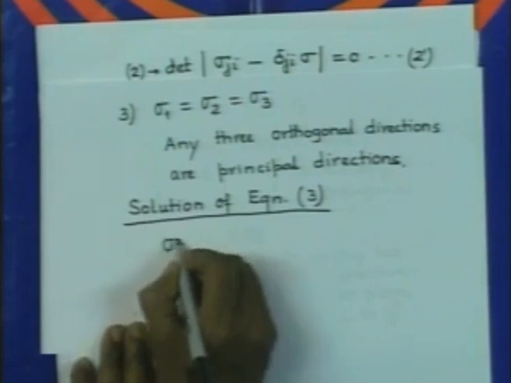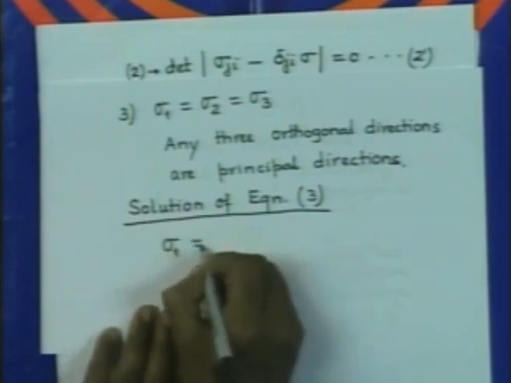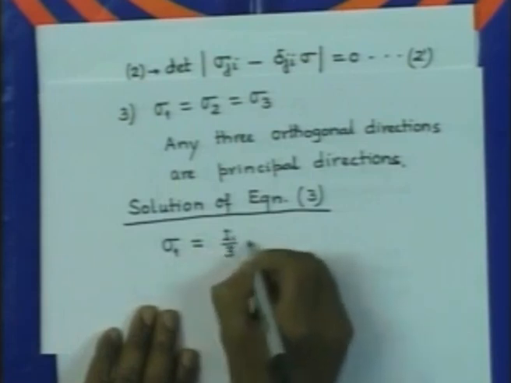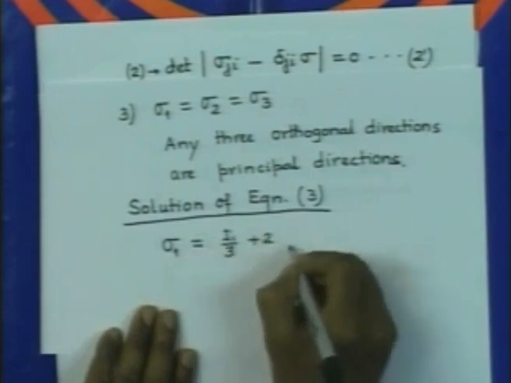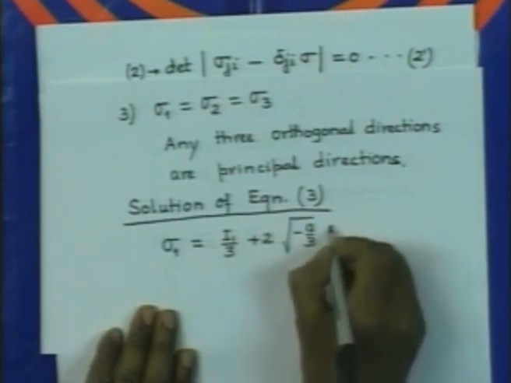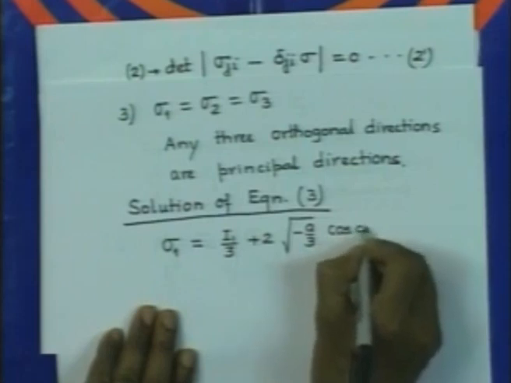In fact, we can write sigma 1 to be given by I1 by 3 plus 2 times square root of minus A by 3 cosine phi by 3.